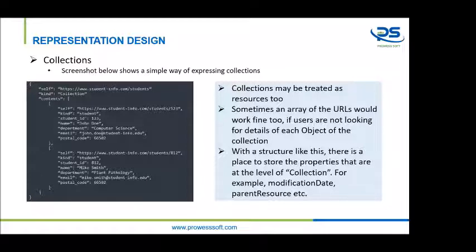You can have the array as part of a contents property, and in that case you will also be able to place certain links, for example, properties like self and kind that you put at the collection level. So instead of just sending back an array, you use an outer structure for the collection, and then you can store the properties related to that collection at that level.